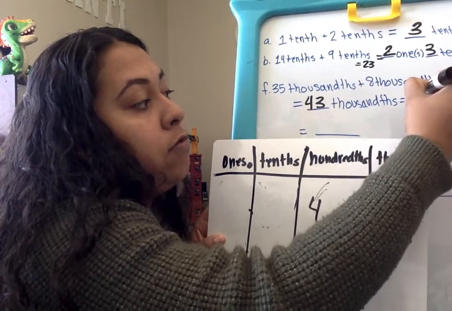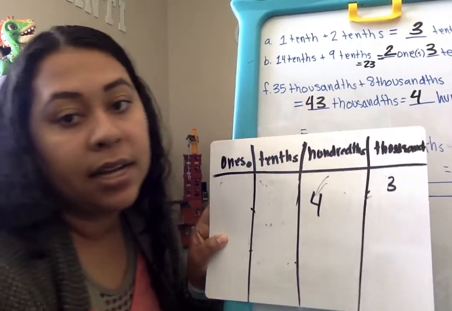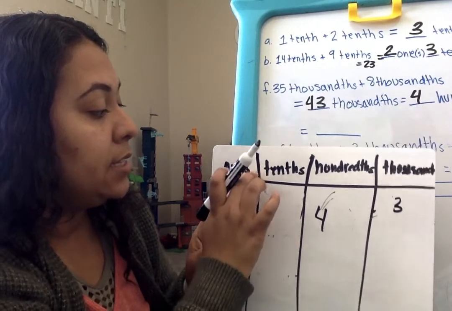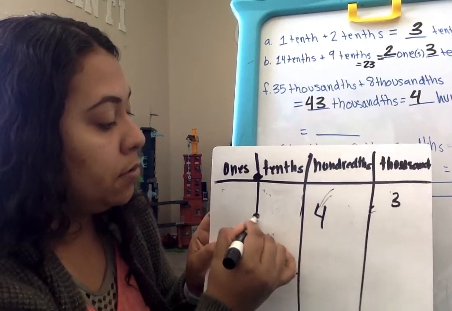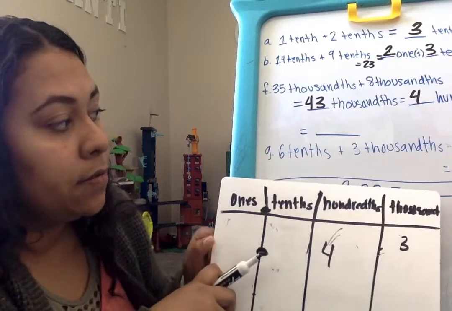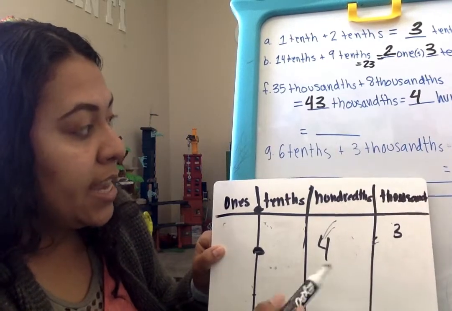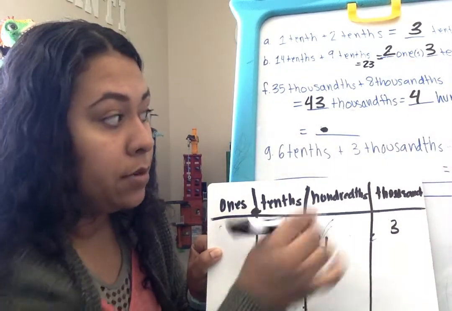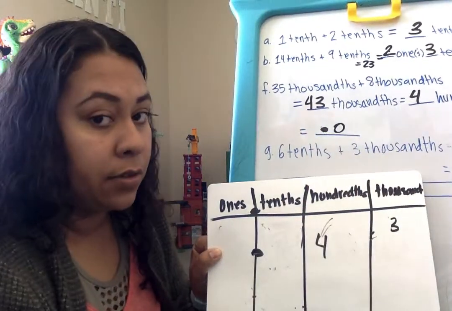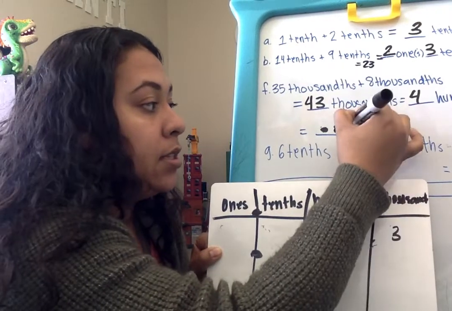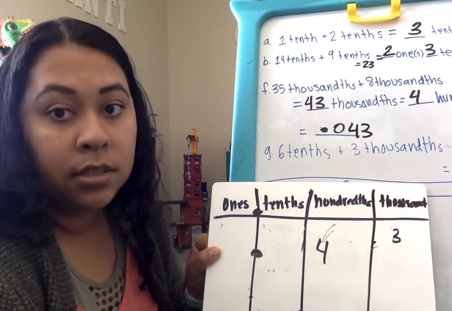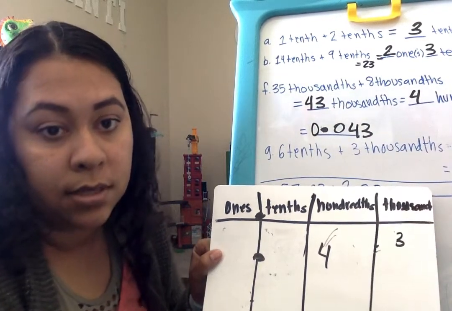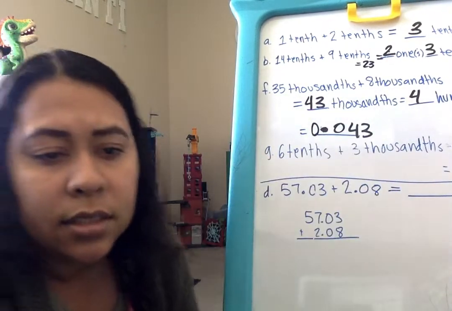So that is equal to 4 hundredths, 3 thousandths. So then you would need to write that as a decimal, as in standard form. Do we have any tenths? No, we don't. So that would be a 0 for your placeholder, and then 4 hundredths and 3 thousandths. Just like that, or it can be 0.043. Okay, that's F.